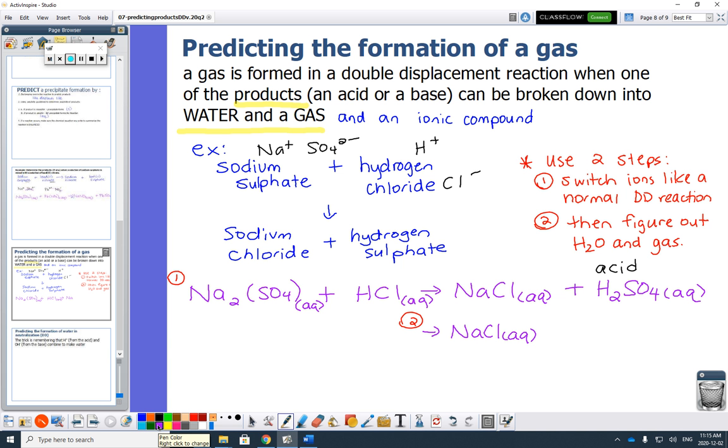So try not to freak yourself out and have a brain fart. Water is always H2O, right? So I'm going to get water. Does sulfuric acid have hydrogens and oxygens? Yeah, sure does. So we're going to subtract.